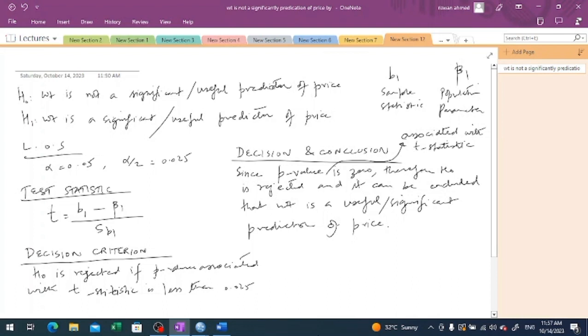So this is what you can add on your own in the end of the statement, stating it as since the sign of the t ratio is positive, it indicates the right tail rejection. And furthermore, it can also be concluded that the nature of relationship between weight and price is positive.